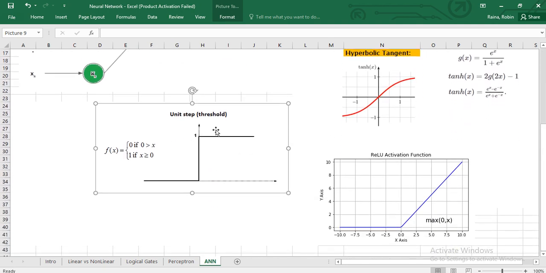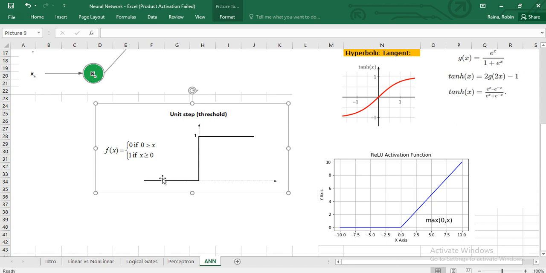One is unit step that you might have heard. You can see it's simple. When it is 1, the output is constantly 1. And if it is 0, it is constantly 0. So this is the first and basic activation function that will help in differentiating the output.